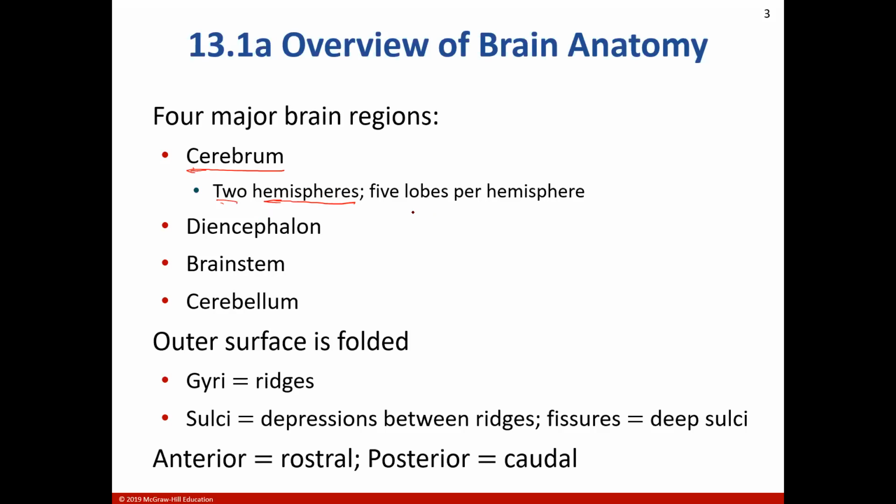Like there's a frontal lobe of the cerebrum. There's 2 temporal lobes of the cerebrum. There's 2 parietal lobes and 1 occipital lobe. So those pretty much cover the whole cerebrum. There's no sphenoid lobe. There's something called the insula, which is more or less the 5th lobe, if you will. We can mention that.